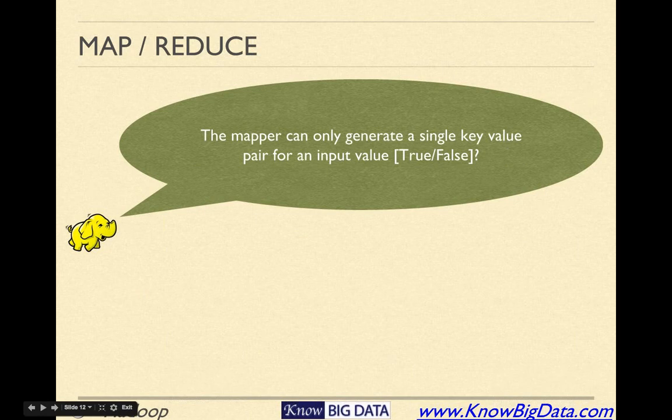Now, the next question: the mapper can only generate a single key value pair from an input value. If you remember our problem where we gave a line as the input to our mapper, can the mapper generate as many keys as it wants to, or does it have to generate only one key? Is that true or false?